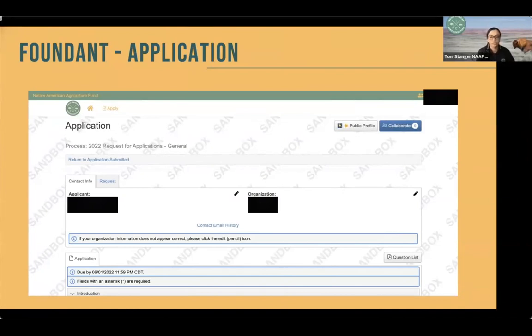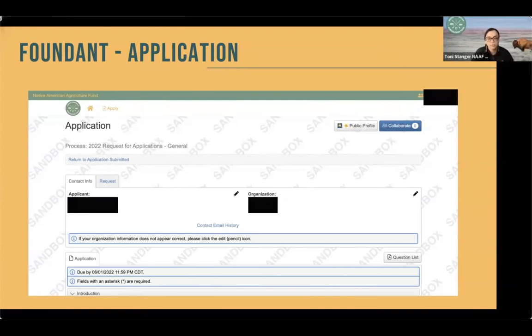Our application process looks really big and lengthy, but a lot of this is demographic information. We're trying to glean information on the type of project that you're going to pursue, the amount of farmers and ranchers that you're going to serve. So even though it looks lengthy, you can get through it relatively quickly.